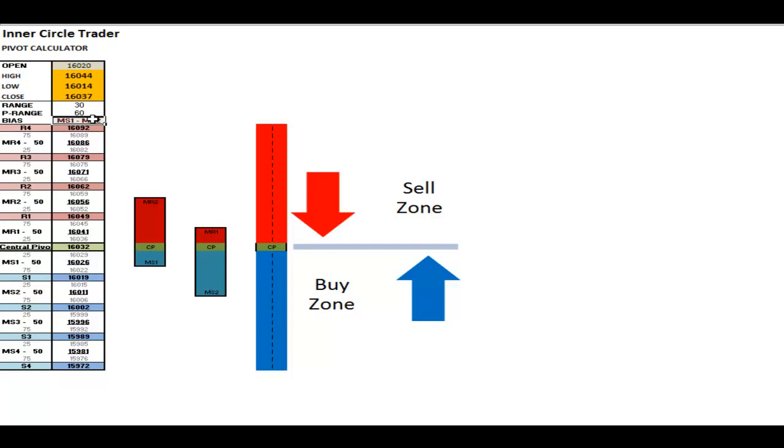On non-trending days, you're going to have one of two things happen. Based on the open and close relationship, when you plot those in there, it's going to spit out either MS2 as your projected low of the day and MR1 as your projected high of the day. Or it's going to give you, in this case here, MS1 as the low of the day or MR2 as the projected high of the day.